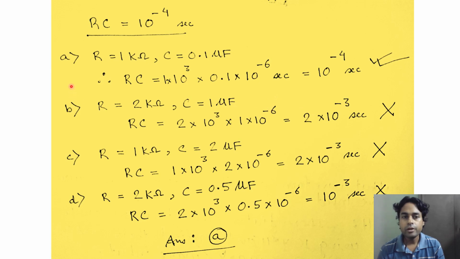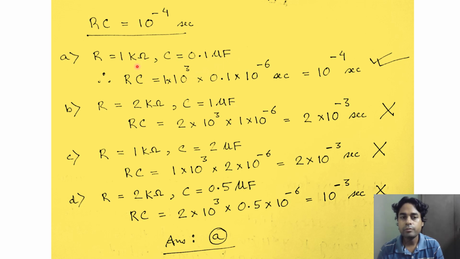Now, because we have two unknowns but a single equation, we have to look at the options and pick the correct choice or choices. The first option was R is 1 kilo ohm and C is 0.1 microfarad.